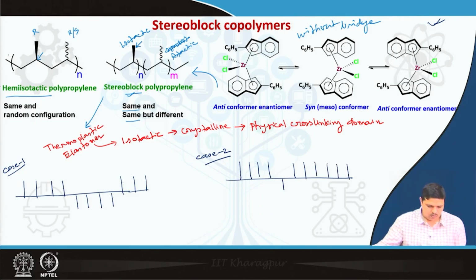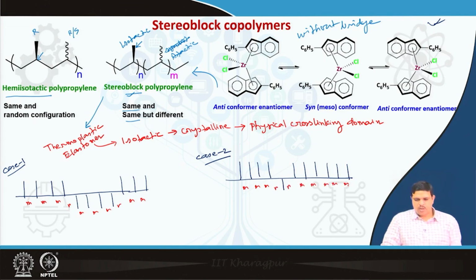Now you label it. We have learned this in our previous classes. So this is M, this is R. So this will be again M, M, M, R, M, M. Here also M, M, M. This will be R, this will be R. Then again M, M, M, M, M.